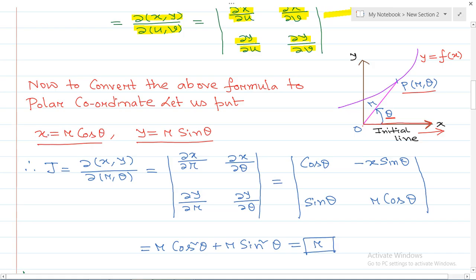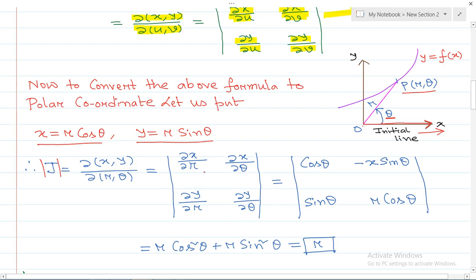Now since x is given in terms of r and theta, and y is given in terms of r and theta, we can calculate the value of the Jacobian. So that is the Jacobian of x, y with respect to r, theta: del x del r, del x del theta, del y del r, del y del theta.